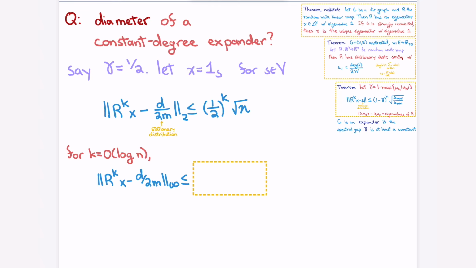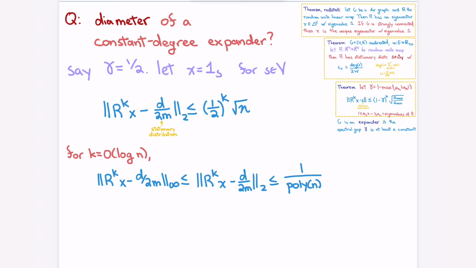If I look at infinity norms, that's the single worst coordinate. That's going to be bounded above by the L2 norm, which we know how to analyze. And if k is like 10 log n, then what do I get for the right-hand side? Yeah, 1 over poly n.